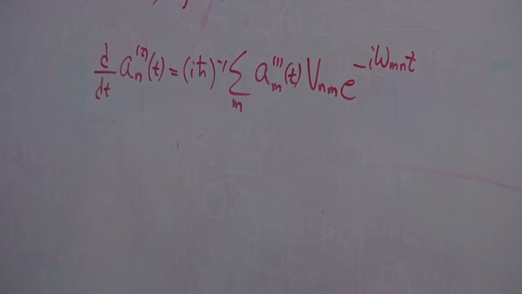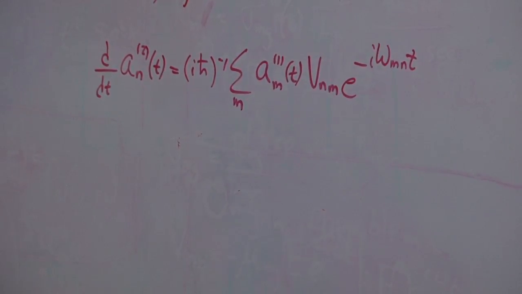So now we look back at your notes, find the expression for a_m^1 of t, which is just, the time dependence is just an exponential.